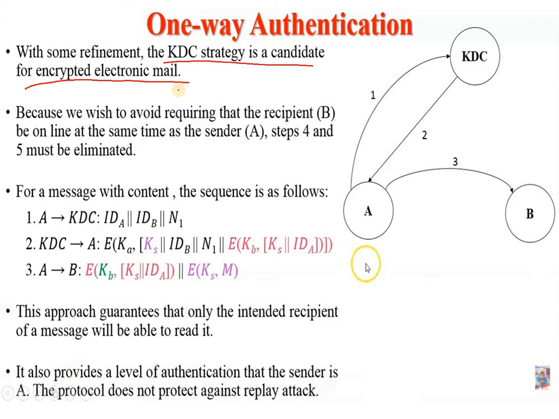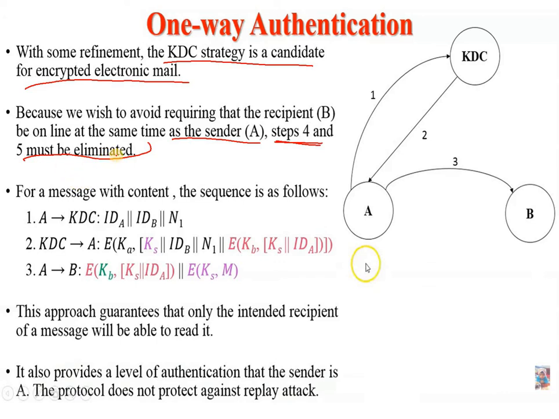So we do some refinement in the KDC strategy so that it can be used for electronic mail, because we wish to avoid requiring the recipient B to be online at the same time as sender A. So steps 4 and 5 have been eliminated, since we just want one-way communication or one-way authentication. Hence, steps 4 and 5 can be eliminated here.